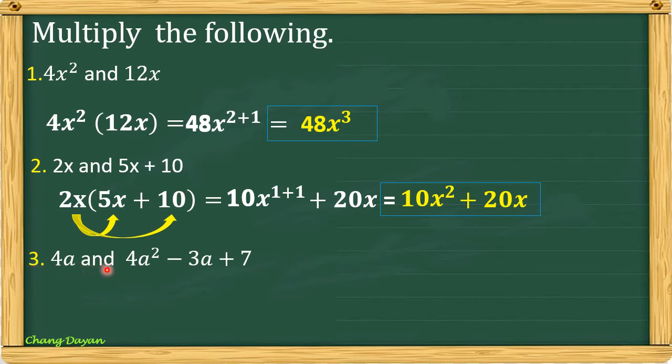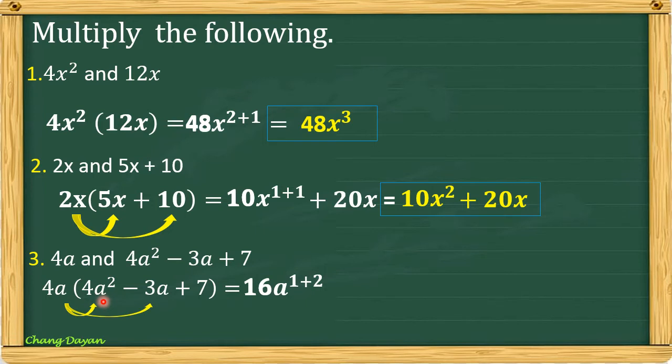Number 3, 4a and 4a squared minus 3a plus 7. Applying distributive property, 4a multiplied by 4a squared will get 16. Then adding the exponents since they are having the same base. Next, 4a multiplied to negative 3a. 4 times 3 is negative 12. And then we have a adding its exponent 1 plus 1.